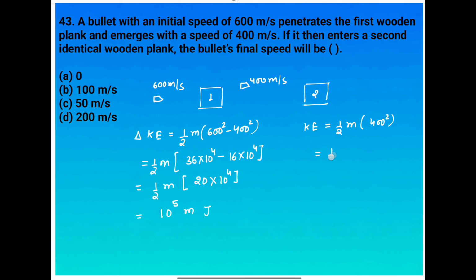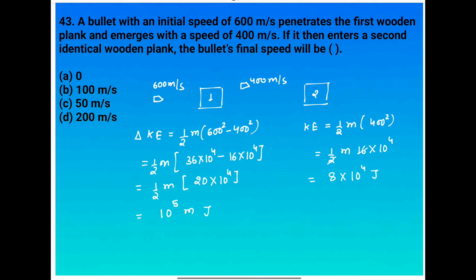So this will become half of m into 16 into 10 raised to power 4. When we solve this, it will become 8 into 10 raised to power 4 m joule.